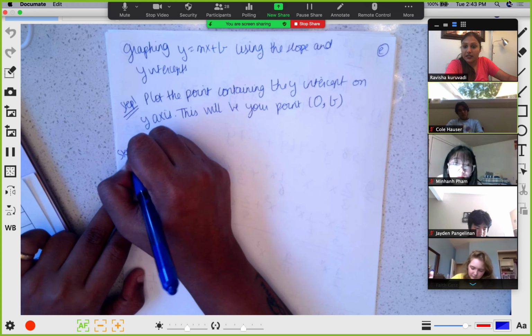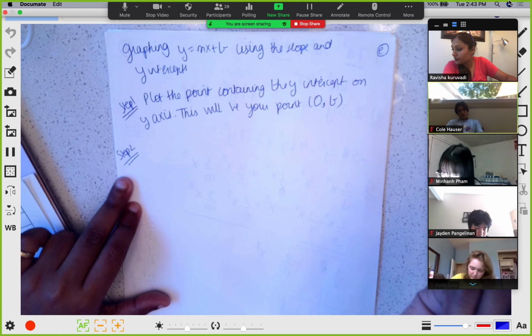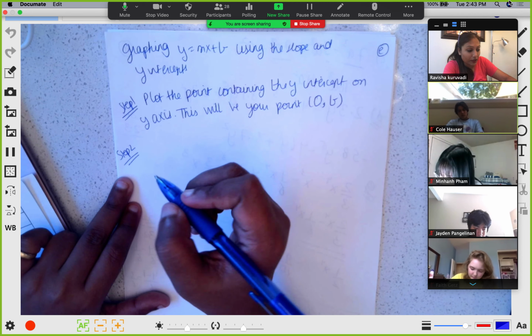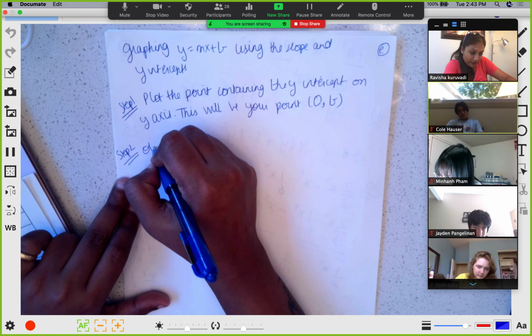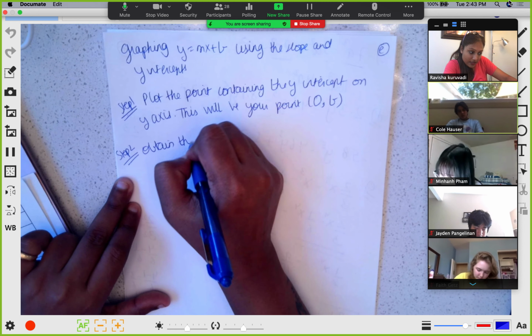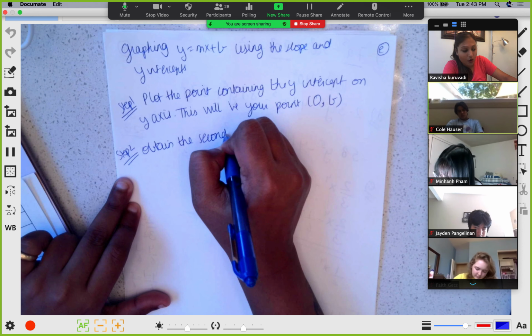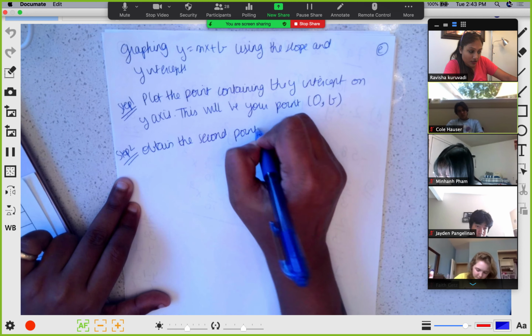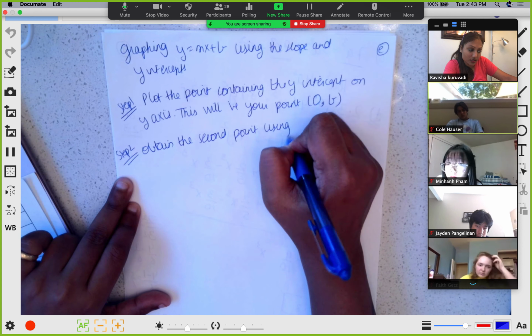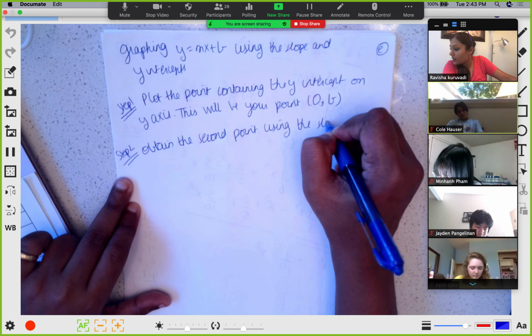Second step is obtain the second point using the slope m.